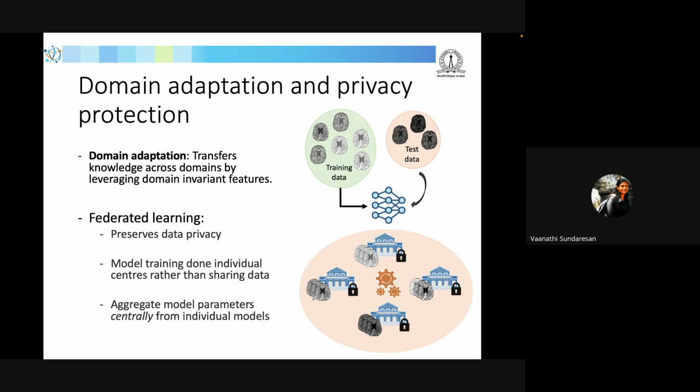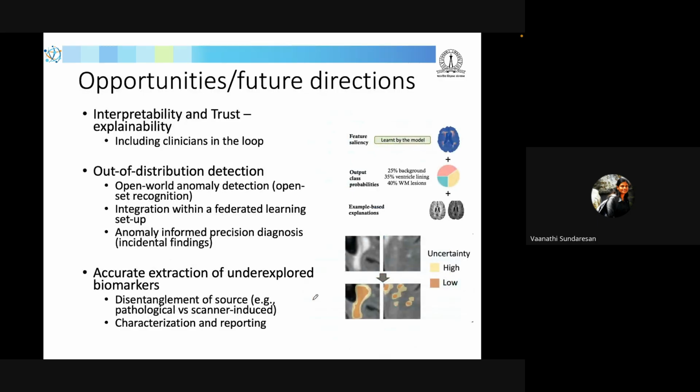So how do we preserve even more privacy, right? We don't want to share even the overall weights, but can we make it even more condensed, or can we simplify this whole process? Those are some of the challenges involved in the federated learning framework as well.